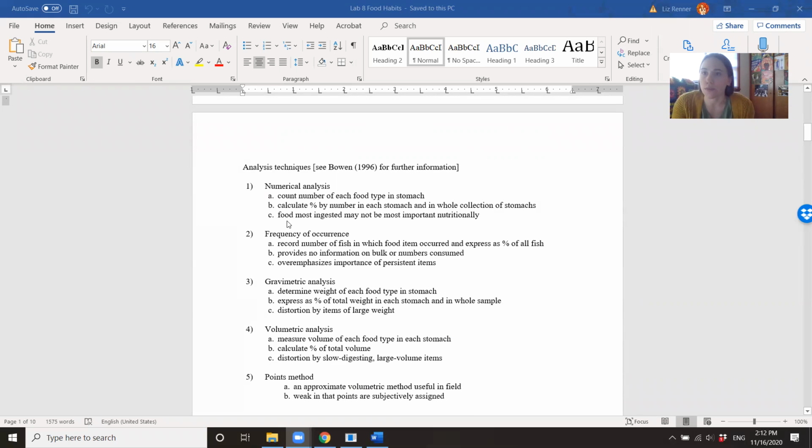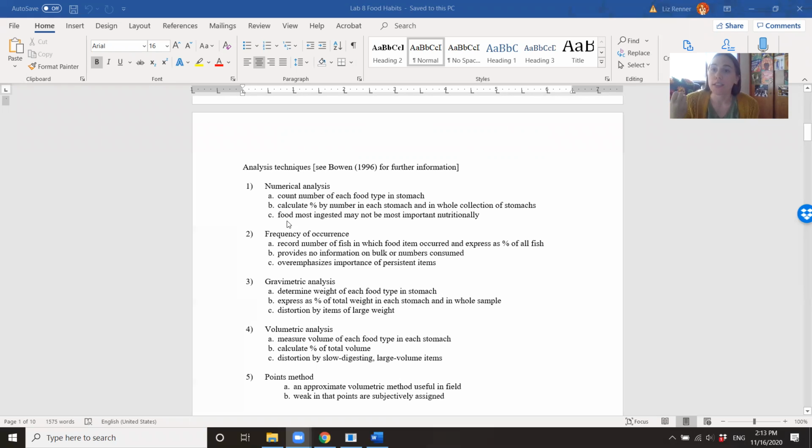that might not be the case, right? So just because something makes up the bulk of a fish diet doesn't necessarily mean that it's the most important source of energy for them, right? A fish could be occasionally consuming really high energy prey resources, like say a bass eats a bluegill, and that's really concentrated protein, right, and high caloric content.